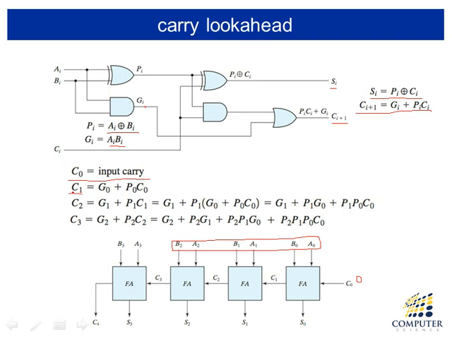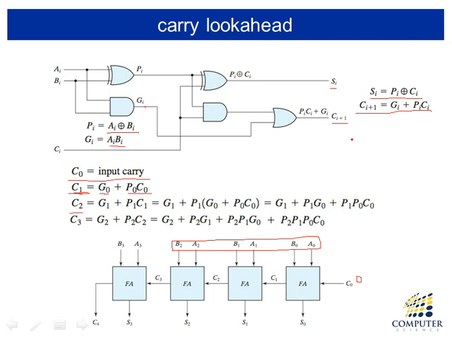So overall, C1 is computed out of A's and B's. A's and B's are direct inputs for this adding circuit. So there is no delay for C1. It's computed directly from inputs A's and B's.